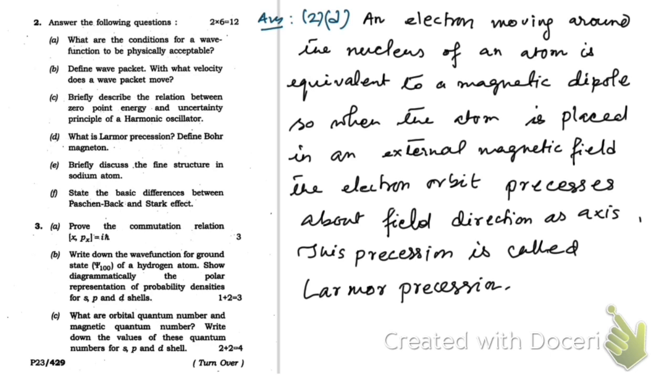So what does it mean? Let me go to the next slide to explain this. In an atom, this is the nucleus, suppose, and here is the electron. This behaves like a magnetic dipole having a north pole and a south pole.